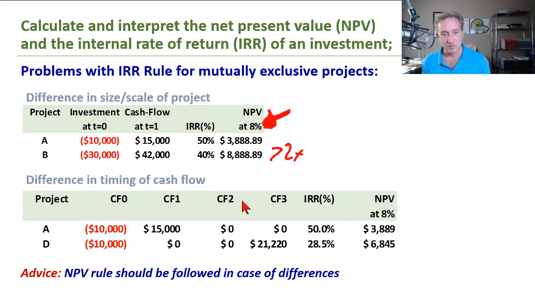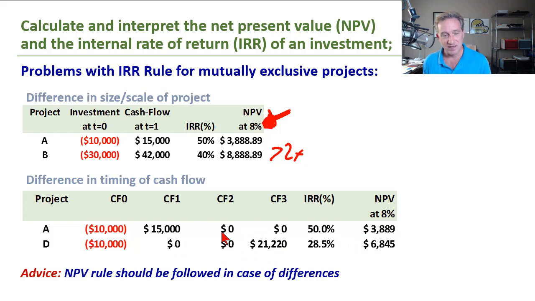And then here's one in terms of timing and cash flow. Same project A above, we invest $10,000 today, and we get back 15 at the end of 1 year, compared to, or to compete with, project D, where we also invest $10,000 today, but we're going to wait 3 years, and instead of getting back 15 in 1 year, we're going to get back 21,220. I don't know, at first glance, this looks like a pretty tough contest. I'm not sure I would be able to visually decide.